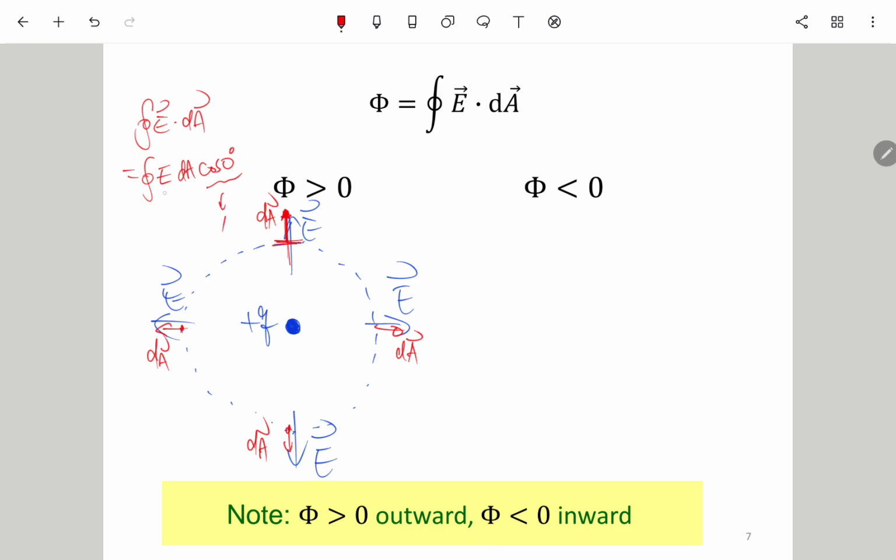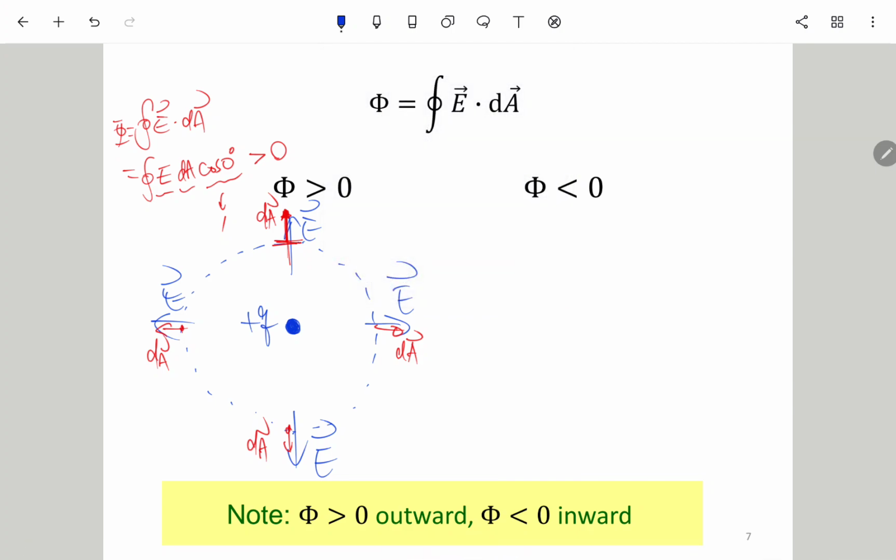And here is the magnitude, so all the things are positive, so it turns out that the phi here, the net flux, will be positive.